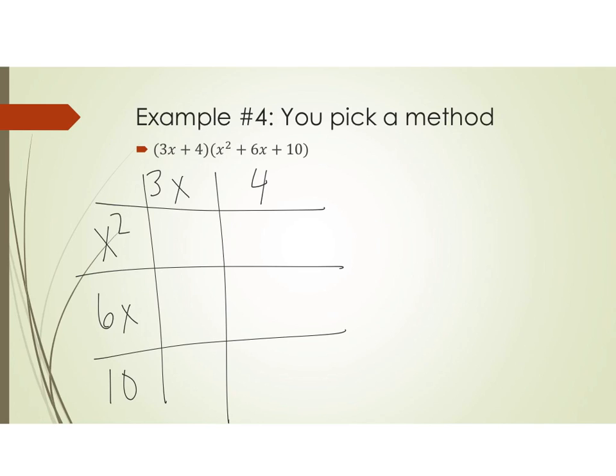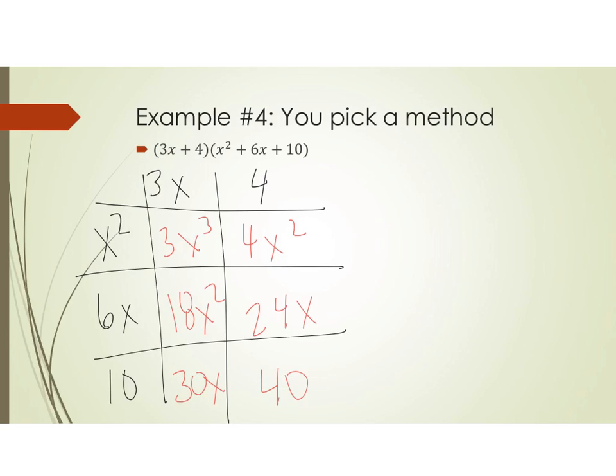If you use the distributive method, you will still have the correct multiplying terms I have. So if I do my multiplying, I will get 3x cubed, 18x squared, and 30x. Keep multiplying, I get 4x squared, 24x, and last 40.